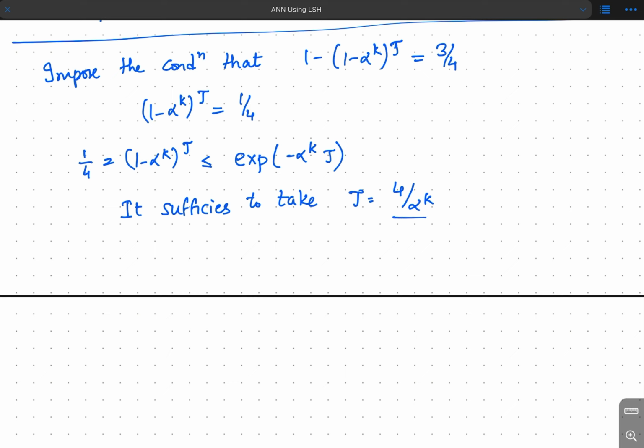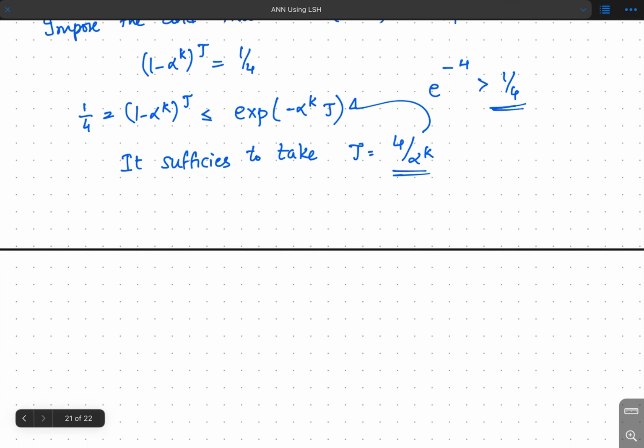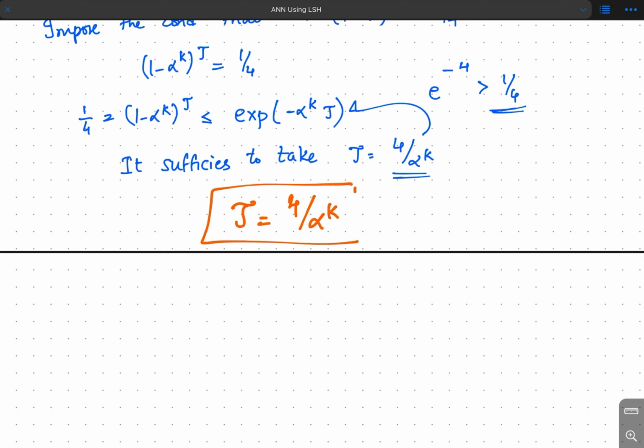Why is this? If we take this, then this will become e to the power minus 4, which is less than 1/4 clearly. Alright, so we'll take this. So the first thing that we fix is tau equal to 4 by alpha^k.